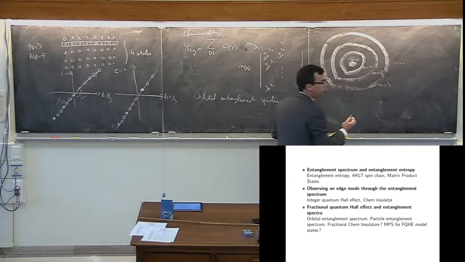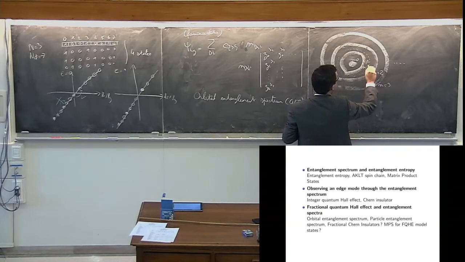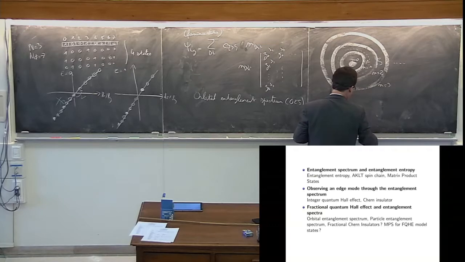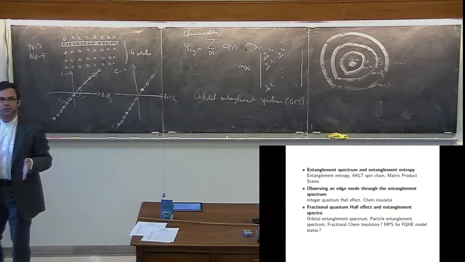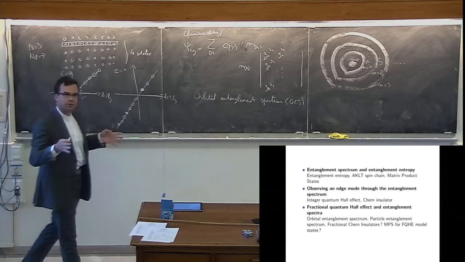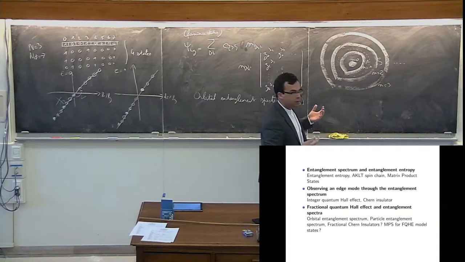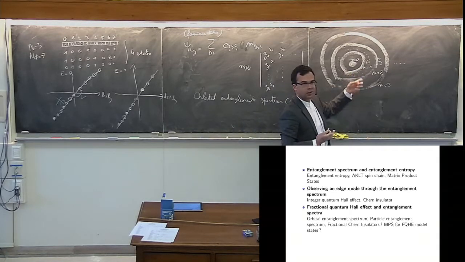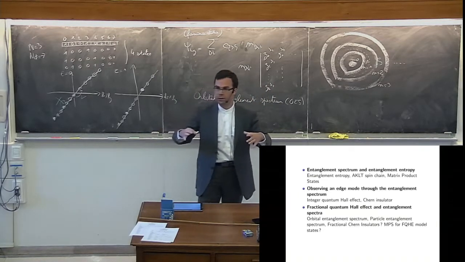Well, you can make a sharp cut. That's exactly what we have done yesterday. We have decided, okay, let's cut the system like this. So there's going to be the region A, and the other one is going to be the region B. But you see that the orbitals themselves already give you some kind of real space partition. Basically, if I keep the orbitals 0 and 1, it's like an approximation of the area of the region A.